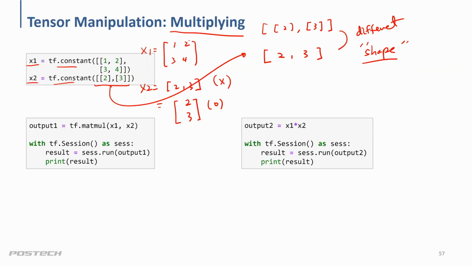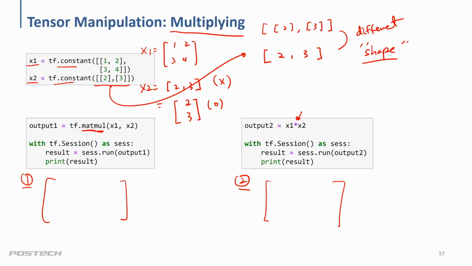And now I want to multiply it. Here we have two different options. So let me ask, what would be the outputs that you expect for the first case and the second case? So what do you think? What do you guess?